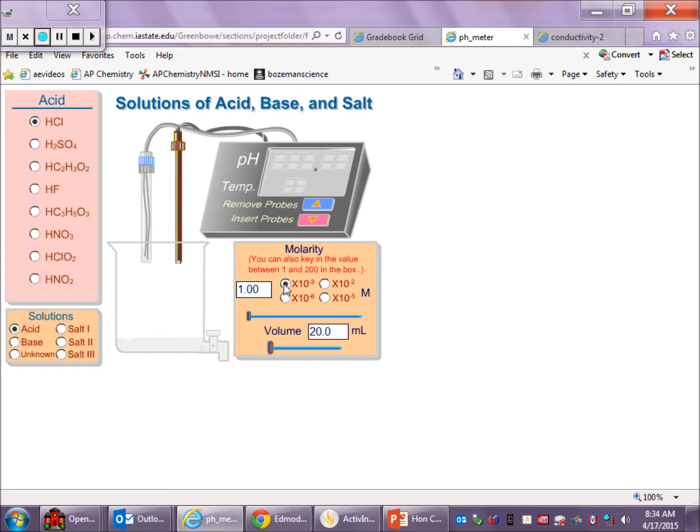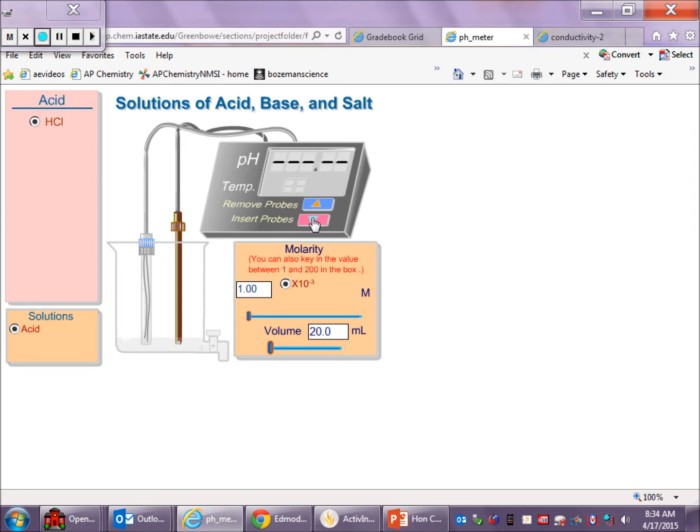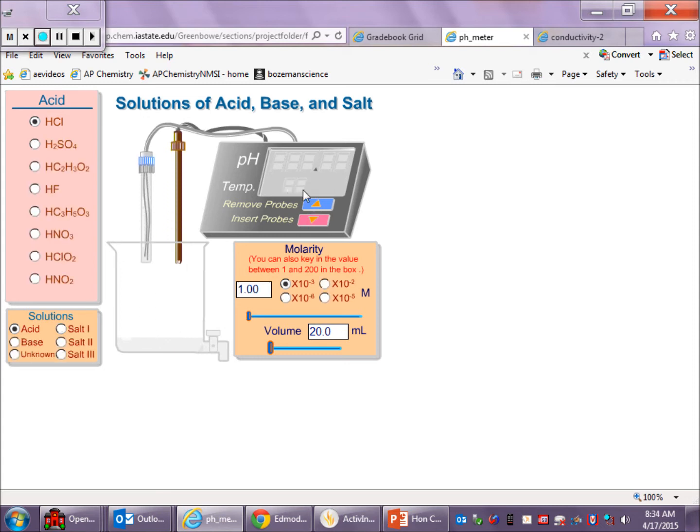Now I have 0.001 molar and I check the pH. It is 2.99.